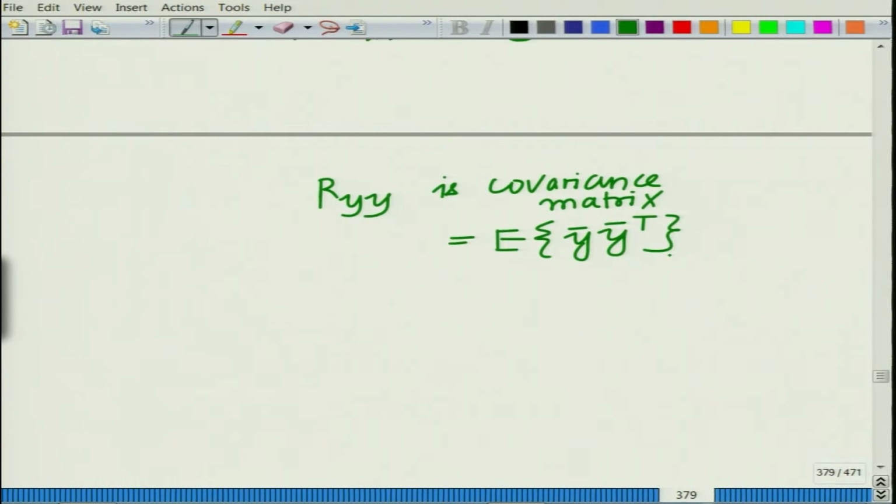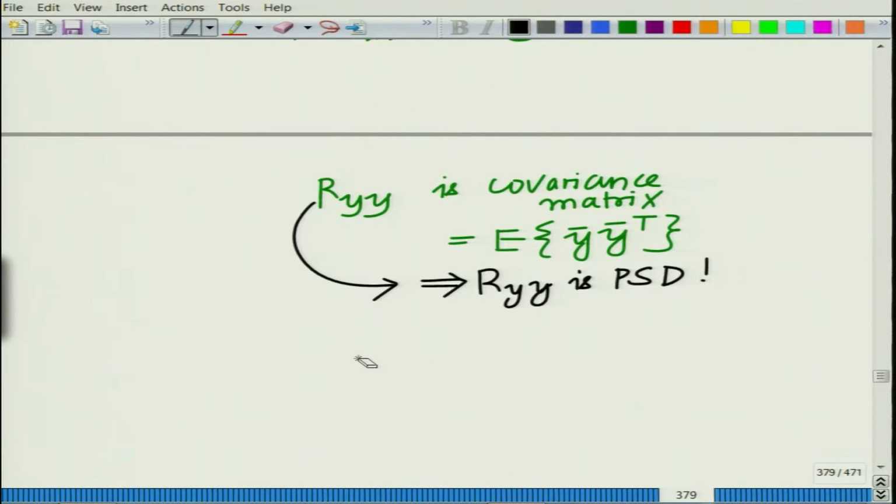Any covariance matrix is positive semi definite, so r y y is a positive semi definite matrix.